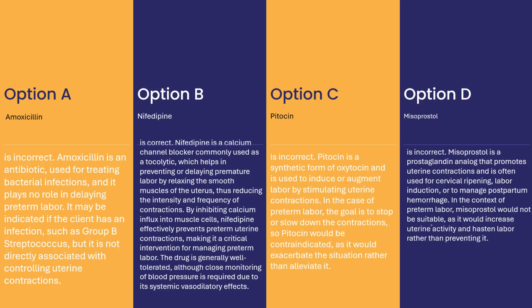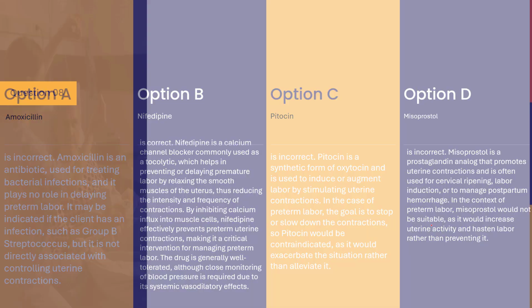Misoprostol is a prostaglandin analog that promotes uterine contractions and is often used for cervical ripening, labor induction, or to manage postpartum hemorrhage. In the context of preterm labor, misoprostol would not be suitable, as it would increase uterine activity and hasten labor rather than preventing it. Let's move on to the next question.